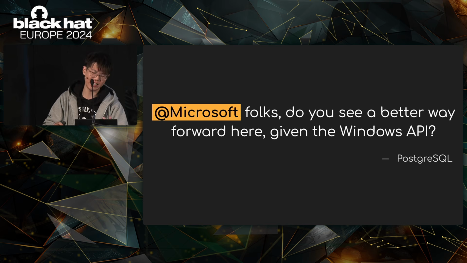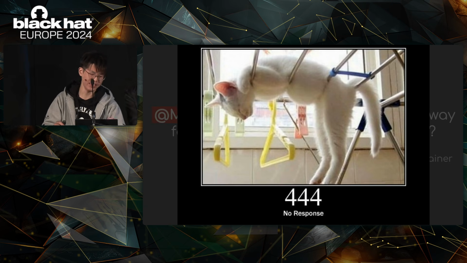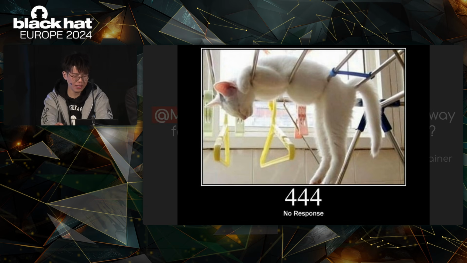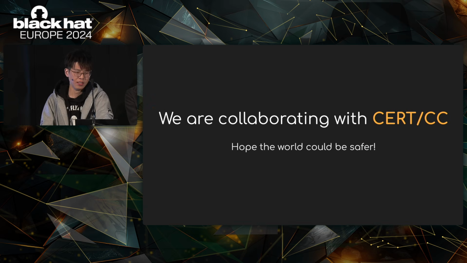And unsurprisingly, there's no response. So the problems are still there, but no one wants to take action. The good news is that we are now collaborating with CERT and hope everything goes well.